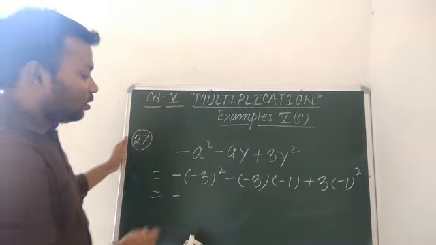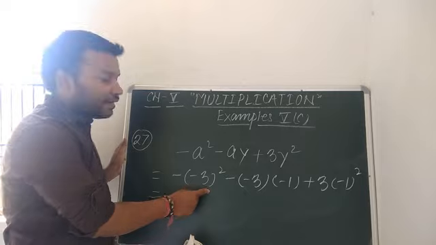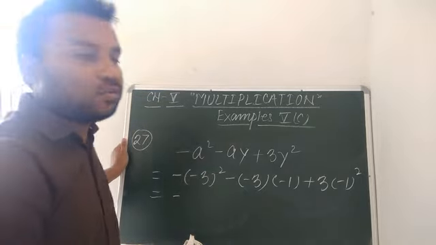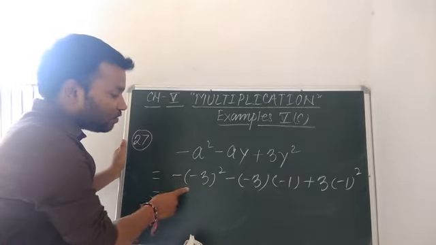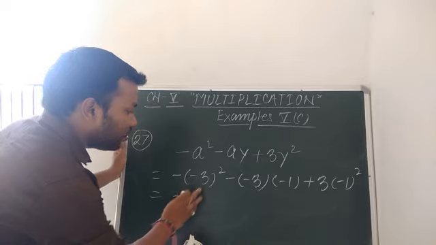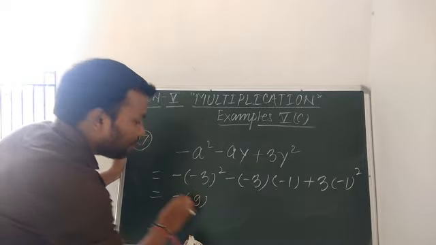Now we have a negative quantity and the power on it is an even number, so according to our rule this value will be positive. The square of 3 is 9, so inside the bracket we write plus 9.